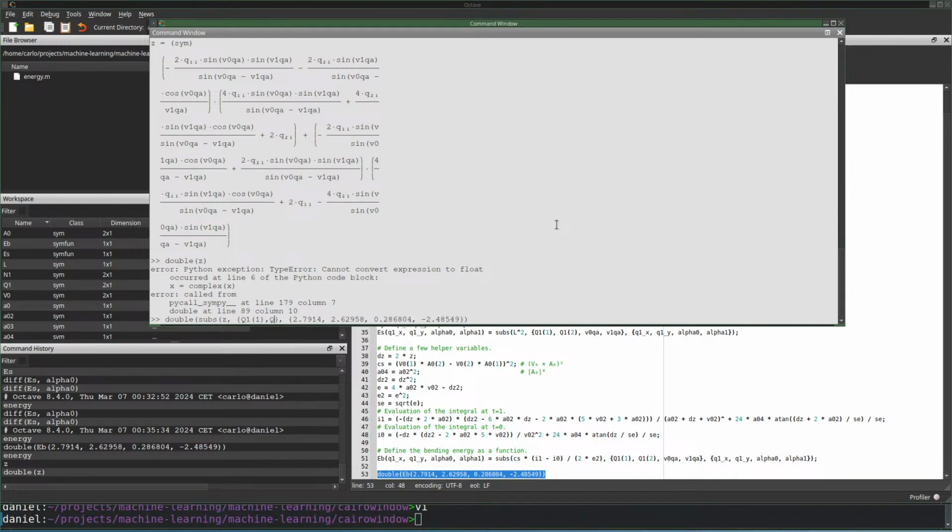At least this is not very Alzheimer-ish, because I still just know this from yesterday. What's the name of the angles? I guess V0QA. V1QA.